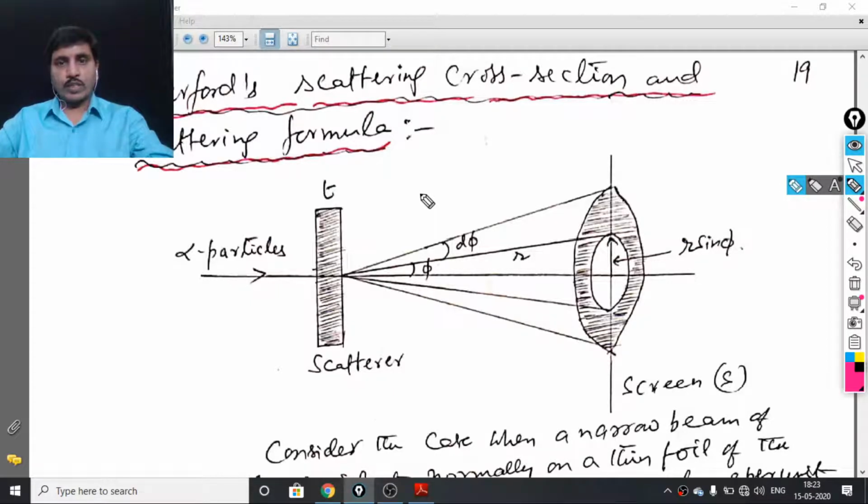First, Rutherford scattering cross section. The diagram is shown in the figure. In this diagram, a beam of alpha particles strikes the scatterer, that means a thin gold foil.